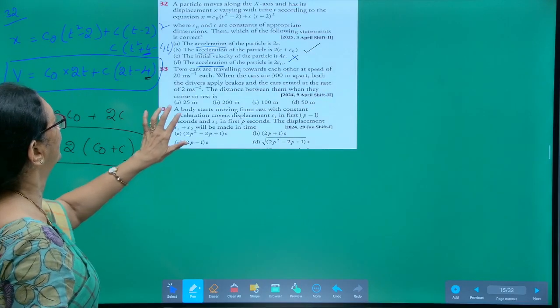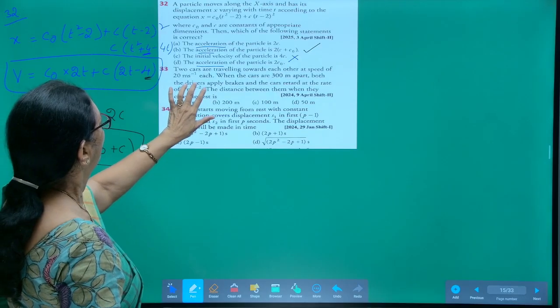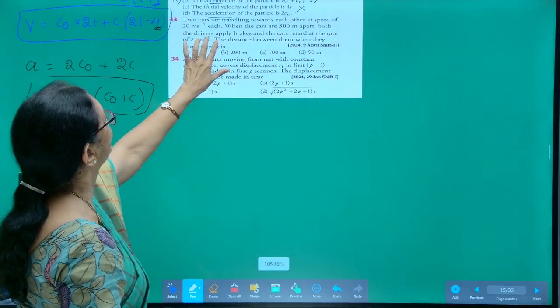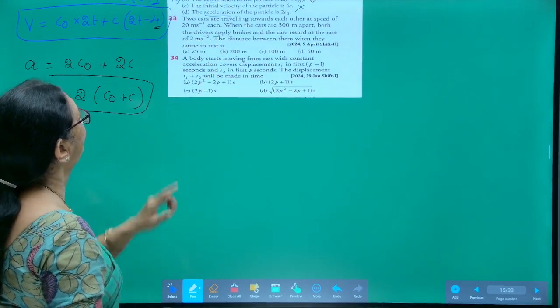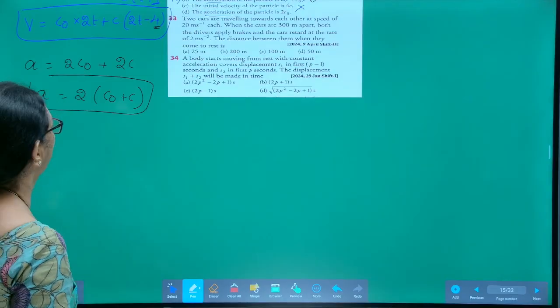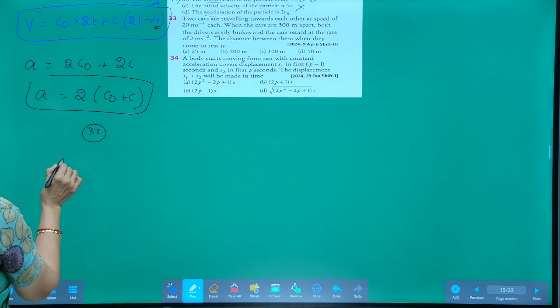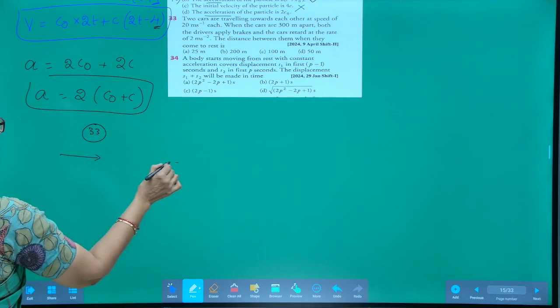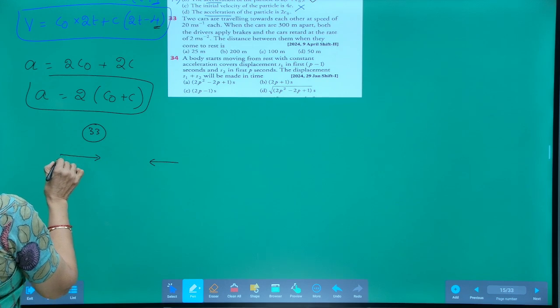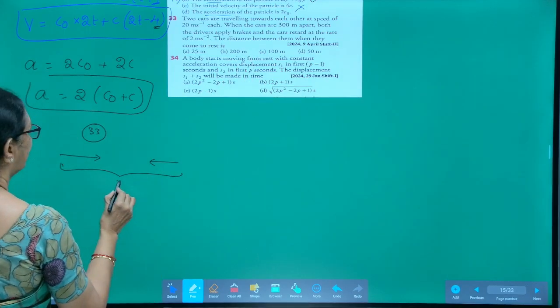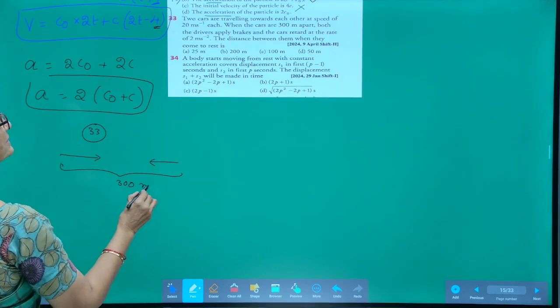Now, coming to the second question. Two cars are traveling towards each other at a speed of 20 meter per second. So here, if you look at question number 33, two cars are traveling towards each other when they are separated by a distance of 300 meters.